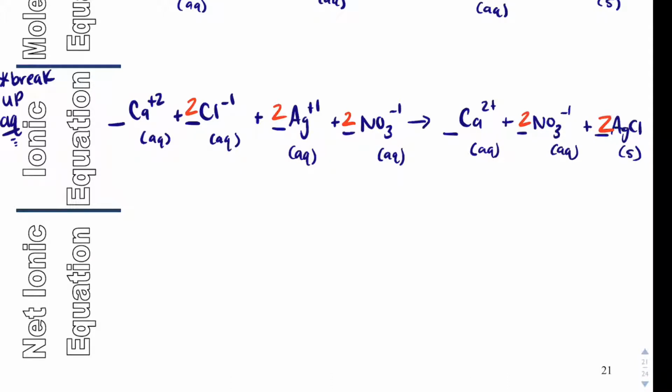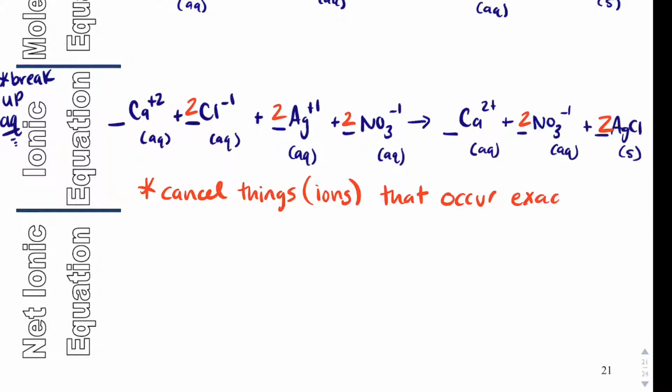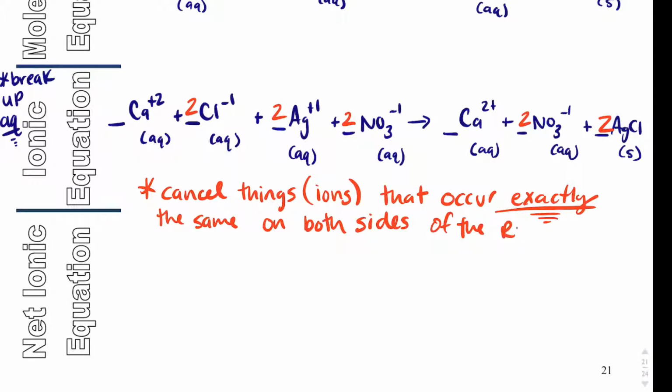So we are going to cancel things, and those things are typically ions that occur exactly, and that's a key thing here, exactly the same on both sides of the reaction. Okay, that is how we get a net ionic equation.